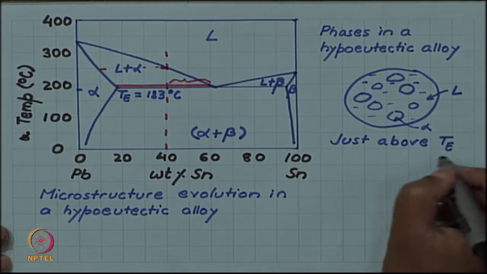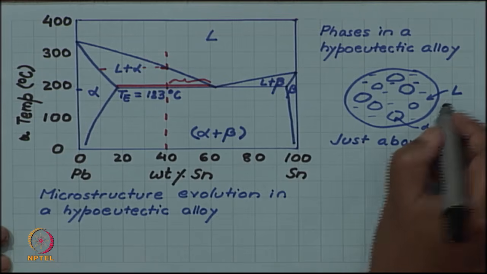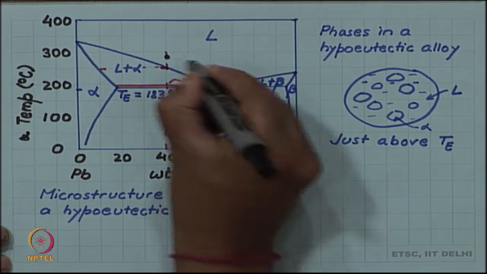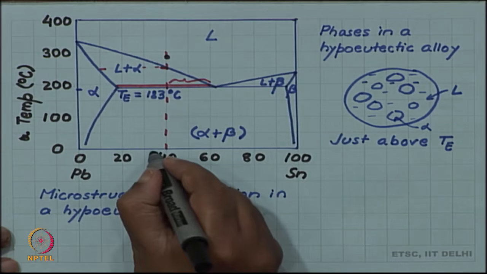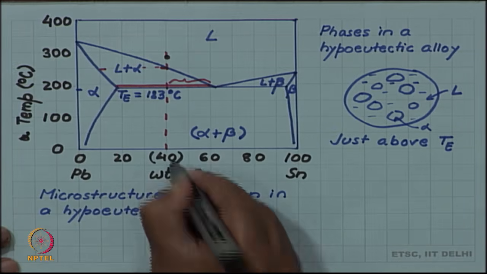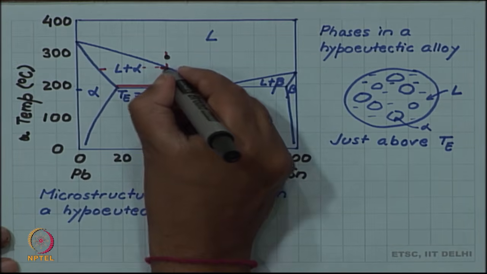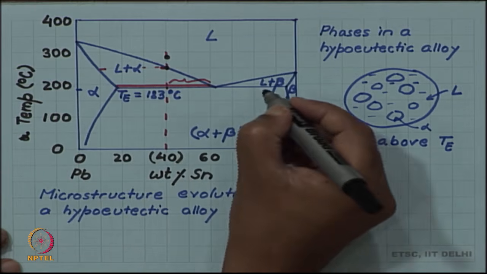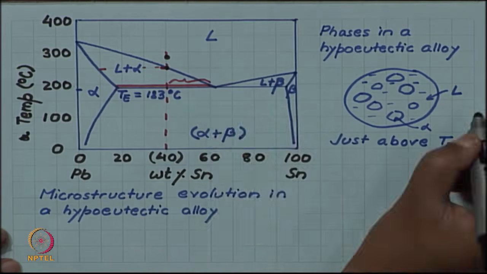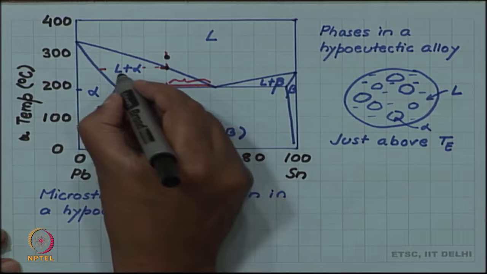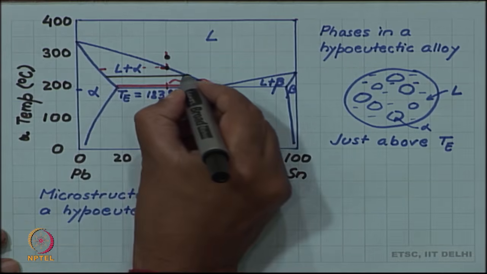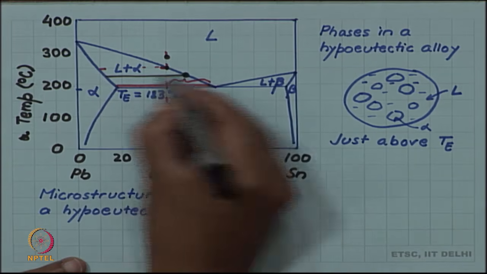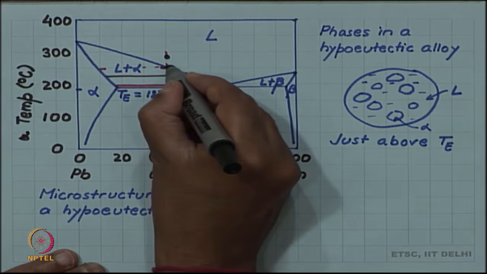We are at a temperature just above TE; how was the composition of the liquid evolving? Initial liquid was of the same composition as our alloy composition, which was 40, but when you hit the liquidus and cooled further, the equilibrium composition of the liquid is given by the tie line, and it started evolving as the liquid end of the tie line gives you the liquid composition.